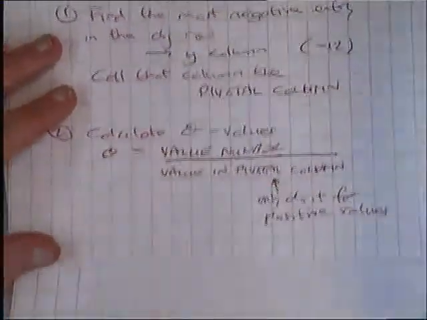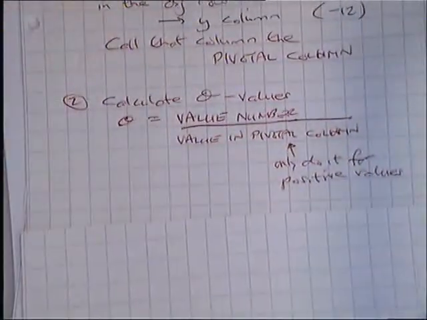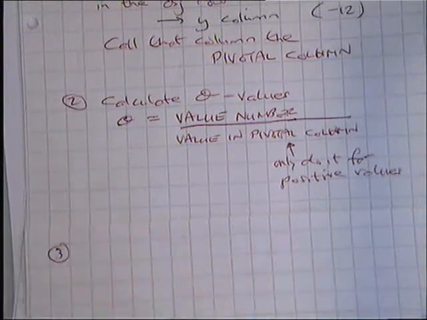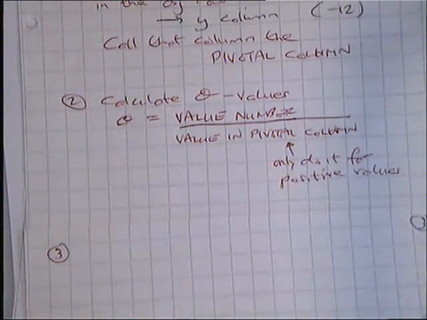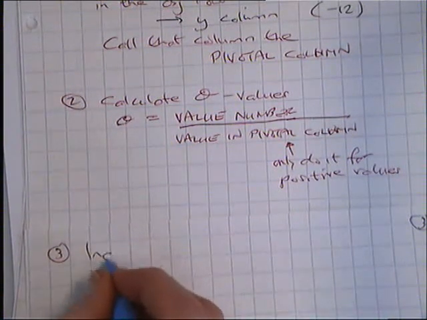We've had step 1 and we've had step 2. What we need now is step 3. In step 3, we identify the minimum theta value.